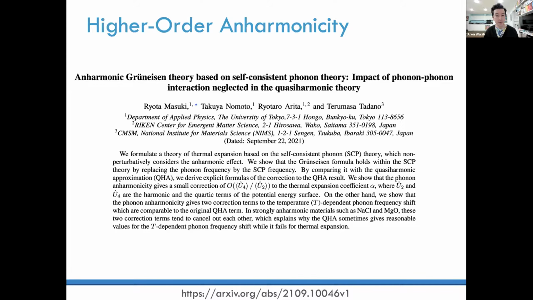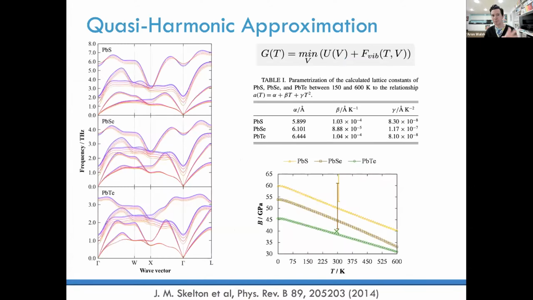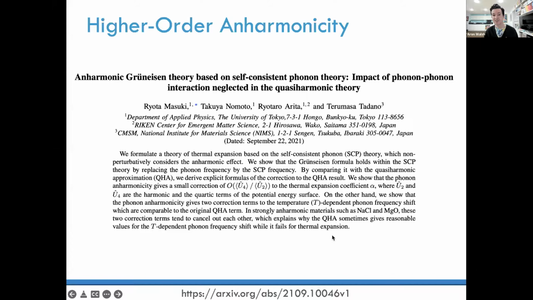And so he published this preprint last autumn, looking at terms that are missing in the quasi-harmonic approximation. Very interesting to me, because before that we knew there were some things missing, but the quasi-harmonic approximation is a little bit peculiar because it's not part of any formal expansion in terms of many-body theory. It combines a mixture of different terms, but in this paper he actually tries to quantify what terms are missing.